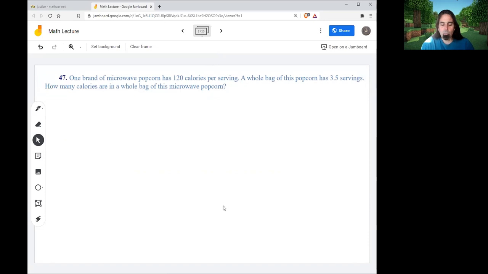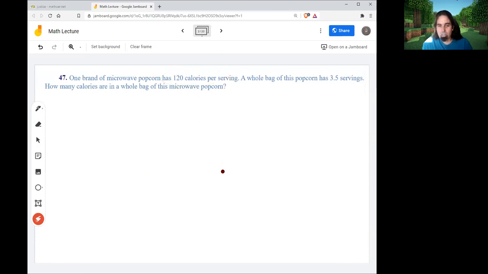One brand of microwave popcorn has 120 calories per serving. So how I do these problems is I read through it once. A whole bag of this popcorn has 3.5 servings. How many calories are in the whole bag? So I've noticed 2 things as I read through this problem. First, that it has 2 situations.